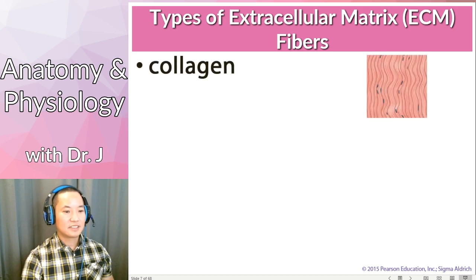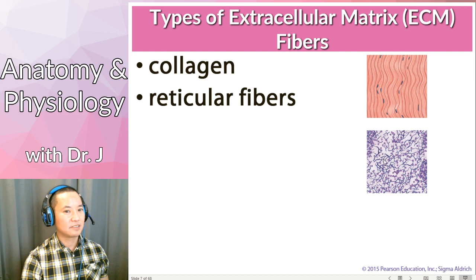All right, the types of fibers are all proteins. Collagen is a very strong type of protein. As you can see in this cartoon, it forms little bundles, kind of like taking a bunch of silk strands or rope strands and putting them all together. Here we have collagen arranged in a linear fashion, but then we have reticular fibers.